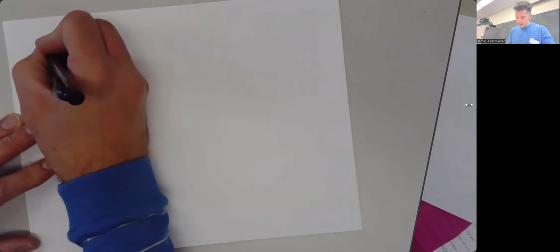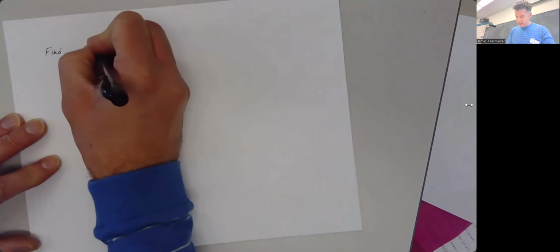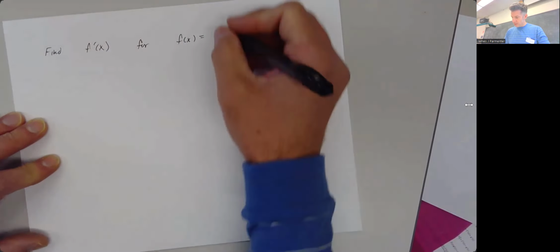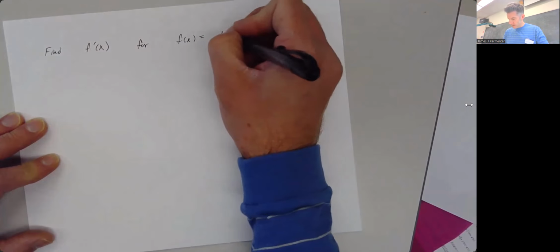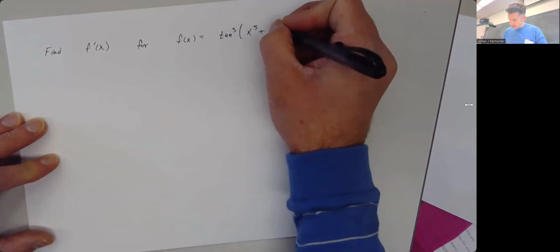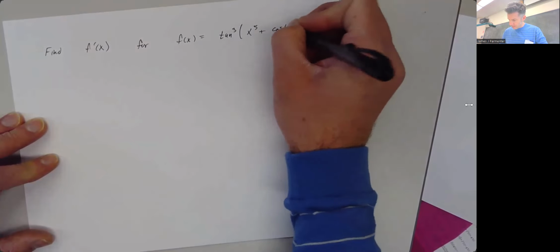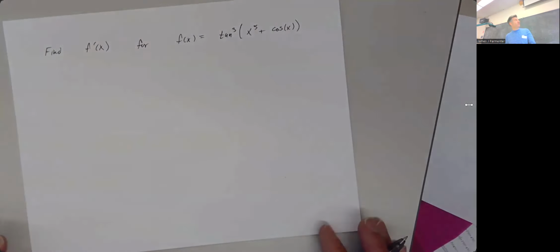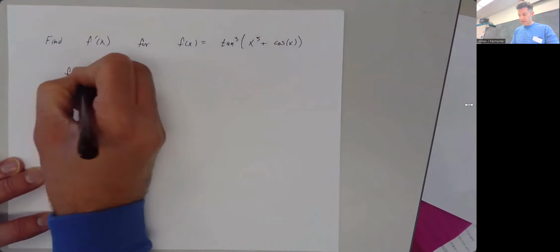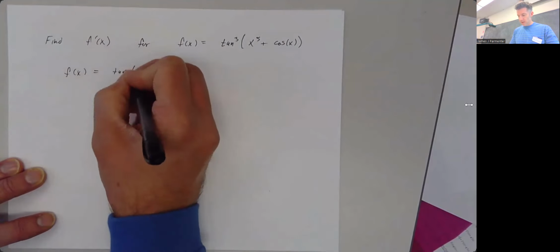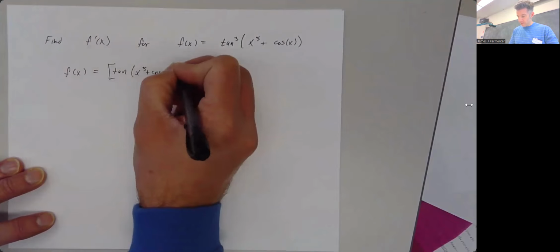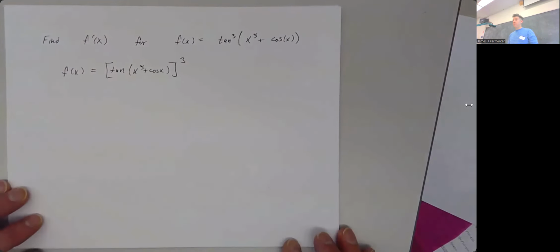Find f prime of x for f of x equal to, let's say, tangent cubed of x to the 5th plus cosine of x. Try finding the derivative of that. And again, I would recommend starting off by writing it as tangent of all of that to the 5th power, to the 3rd power. So go ahead and find the derivative of that.